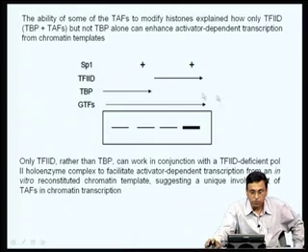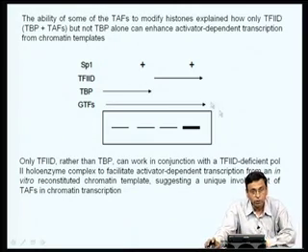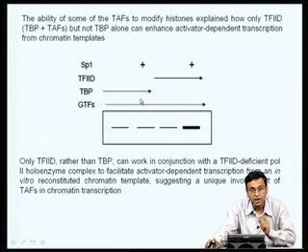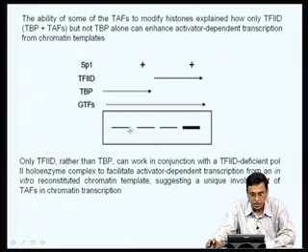Now, this slide we actually discussed in the last lecture, where I gave an example of how purified or recombinant TBP can only support basal transcription, but cannot support activator dependent transcription. You can see here in the first lane you have only the promoter sequence, so you have only the basal transcription and the general transcription factors. When you add TBP and SP1, there is no change in the level of transcription.